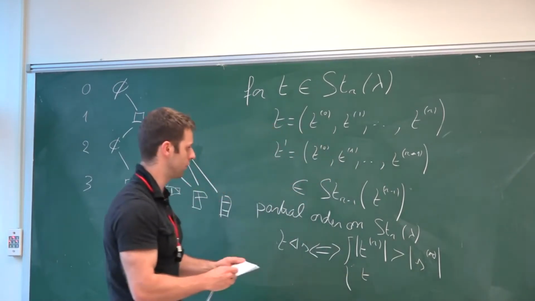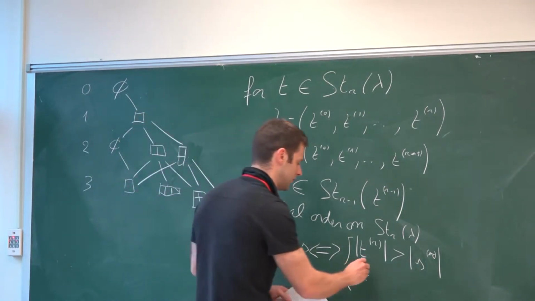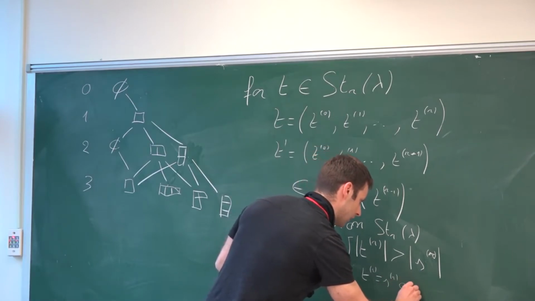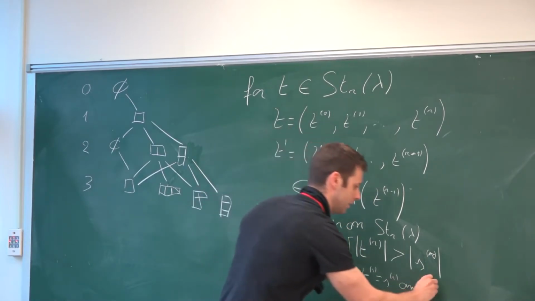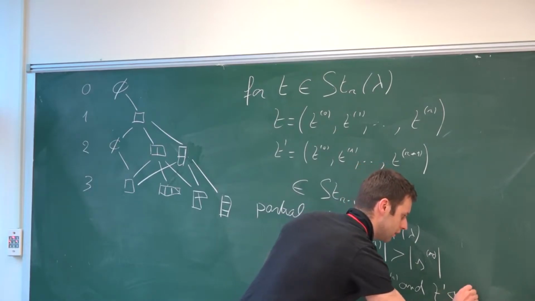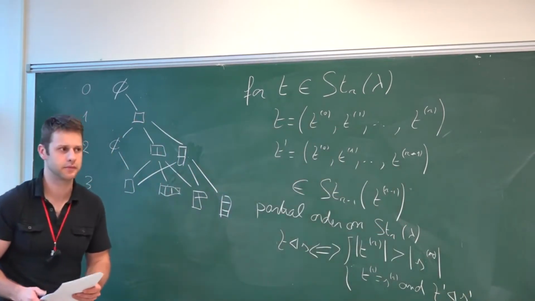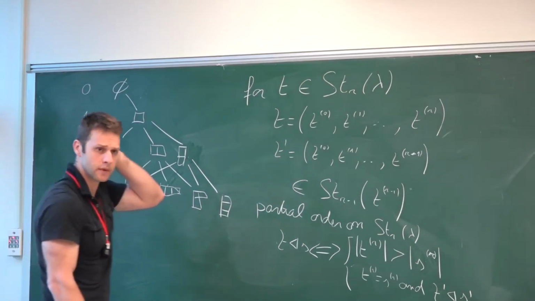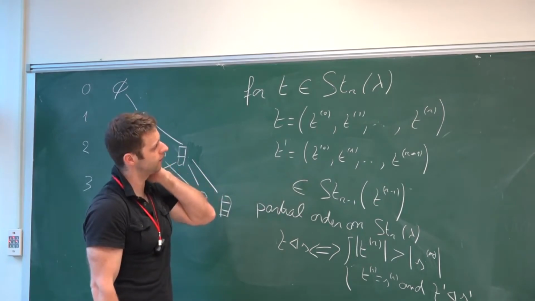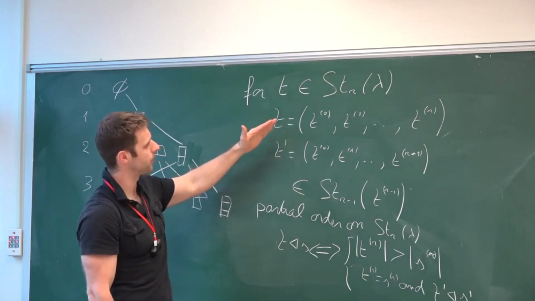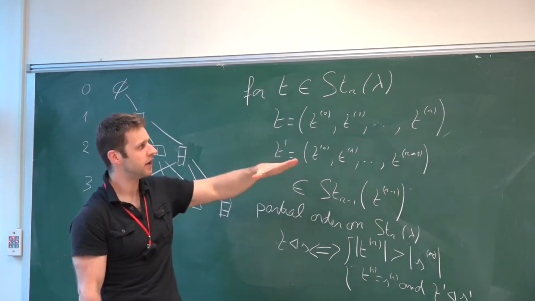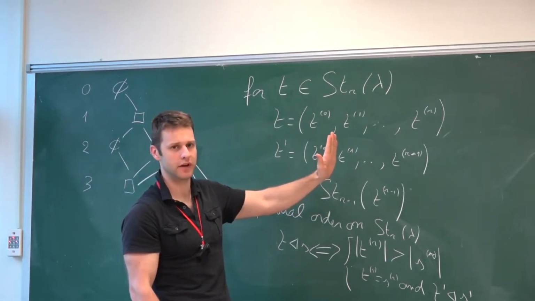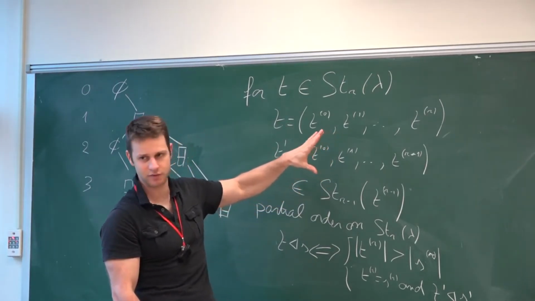The other possibility that I get a relation is when the partitions are actually the same. Then I just remove them, and I need to have a relation between what is left. So for two sequences to be comparable, they need to be the same up to some point, and at the first point where they're no longer the same, one has a partition of bigger size than the other.